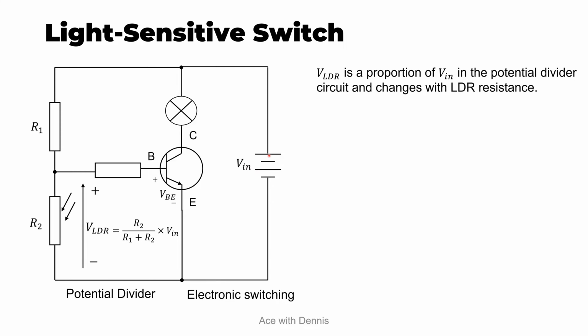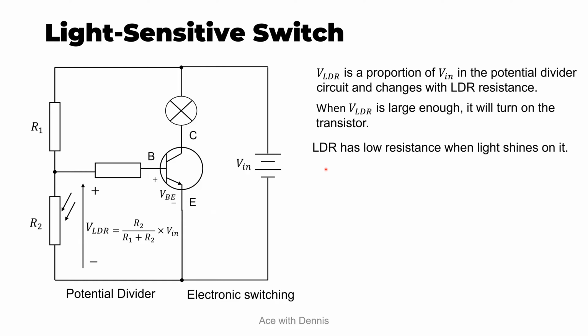So the only parameter that changes in this formula is the R2. This R2 will change when the resistance of the LDR changes. When VLDR is large enough, it will turn on the transistor. Remember, when VLDR is greater than or equal to the VBE, then the current IB can flow into the switch and turn on the switch.